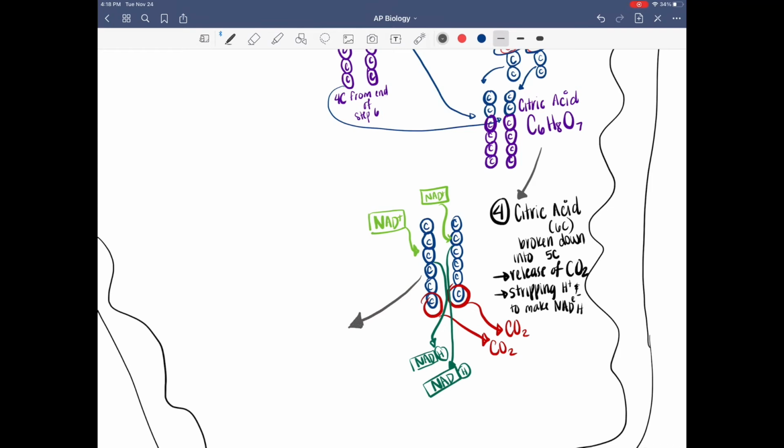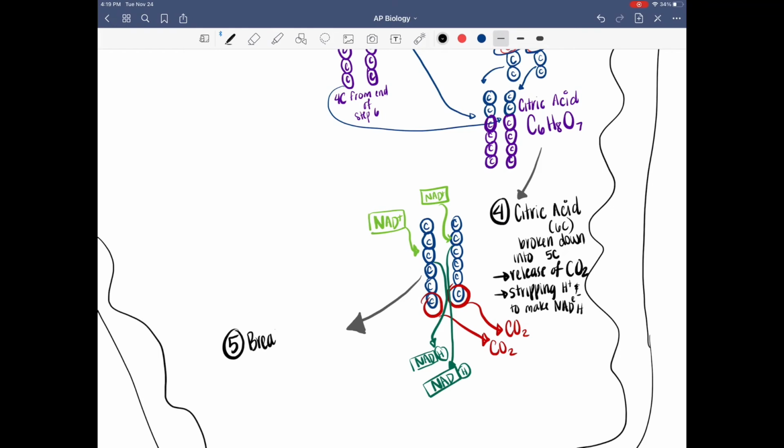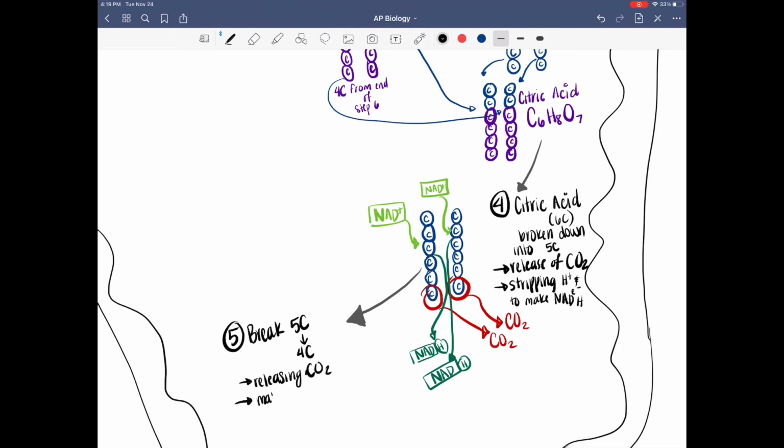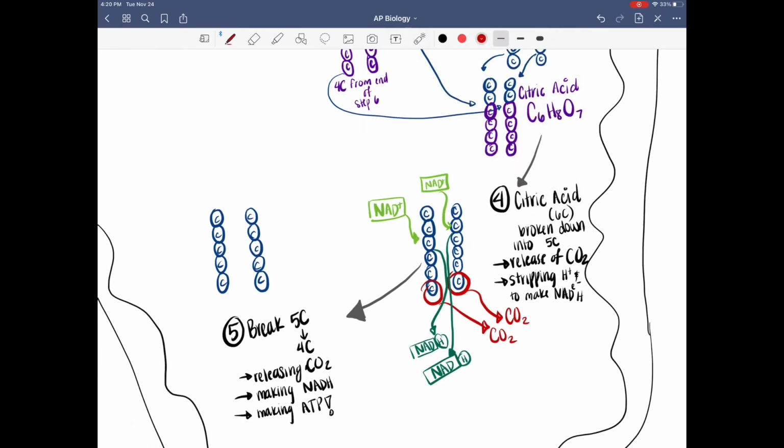All right, so next we'll take that 5 carbon molecule in step 5 and break it down into a 4 carbon molecule. So we're getting closer and closer to that 4 carbon we used earlier. We're going to do similar, release some carbon dioxide, make some NADH, but what we are adding into this step is we're actually going to make some ATP this time.